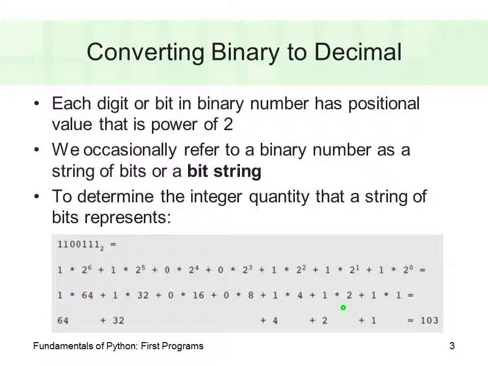All right, so now that we've plugged in the actual values, you can just go and figure this out. 1 times 64 is 64, plus 1 times 32 is 32. 0 times 16, 0, ignore it. 0 times 8, 0, ignore it. 1 times 4 is 4, so we're going to add in the 4. 1 times 2 is 2, so we're going to add a 2. And then 1 times 1 is 1. You add all these up, and you have the decimal value 103.